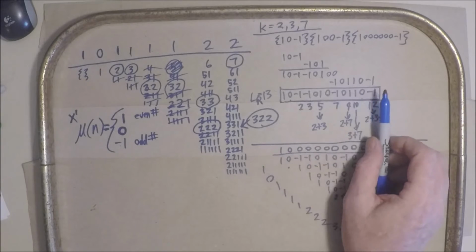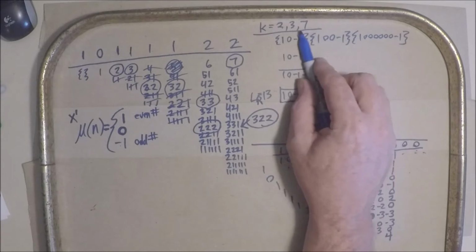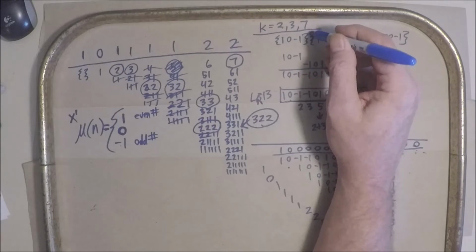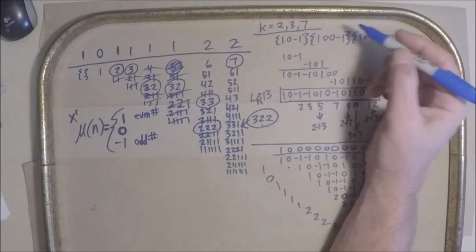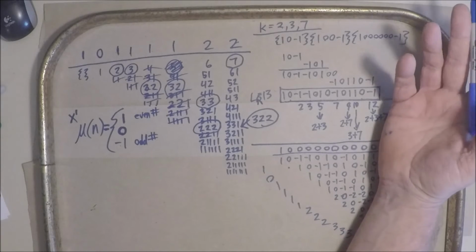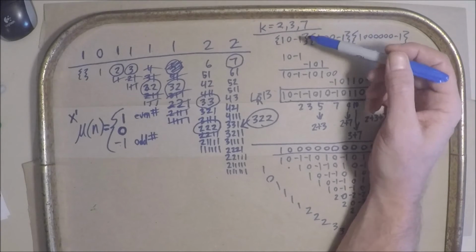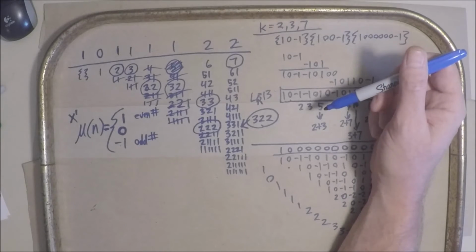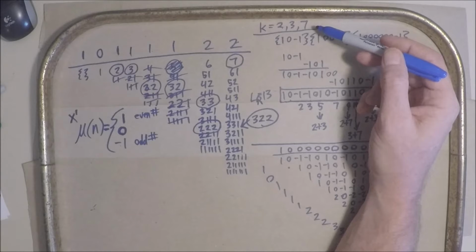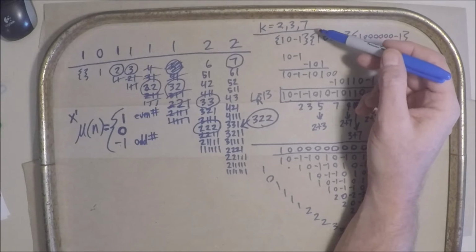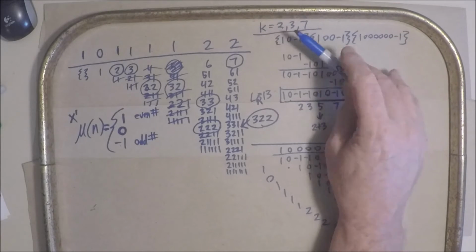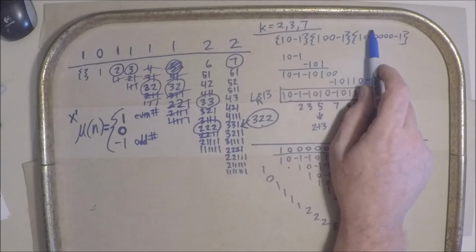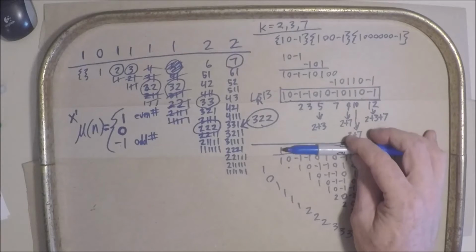Only in this case, even if we included a squareful number in here, let's say 12, which is 3 times 4, 4 being square, the Mobius function would count it as 0 in terms of the product, 3 times a square. But in terms of what we're doing here, it's just another number as far as addition is concerned.